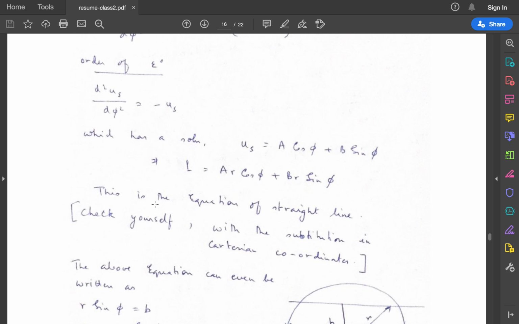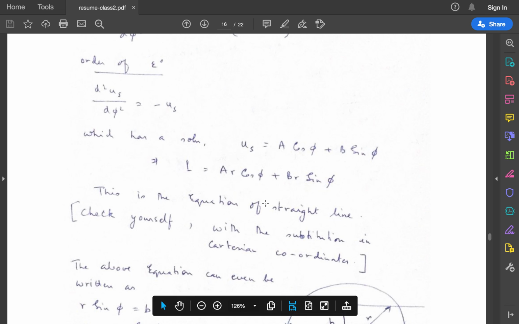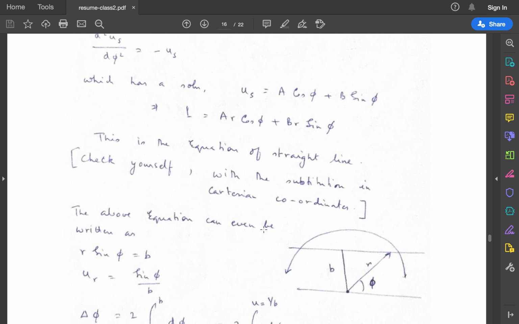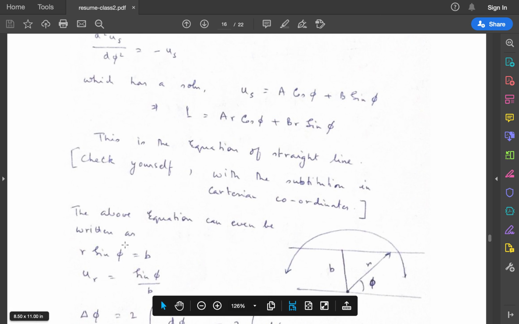This is the equation of a straight line. If you don't believe it, make the appropriate substitution of r and phi in Cartesian coordinates, and you will find that this becomes ax plus by equal to 1, which is the equation of a straight line.